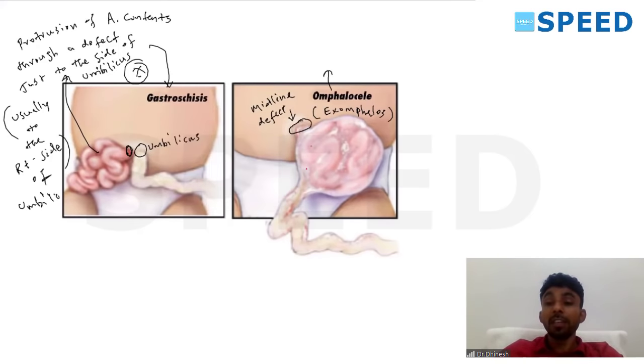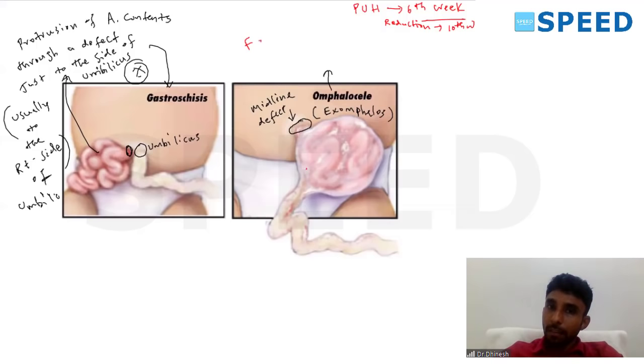You know, during the sixth week of development, there is one natural, normal phenomenon called physiological umbilical hernia. Physiological umbilical herniation occurs during the 6th week, and the reduction of this hernia usually occurs during the 10th week of development.